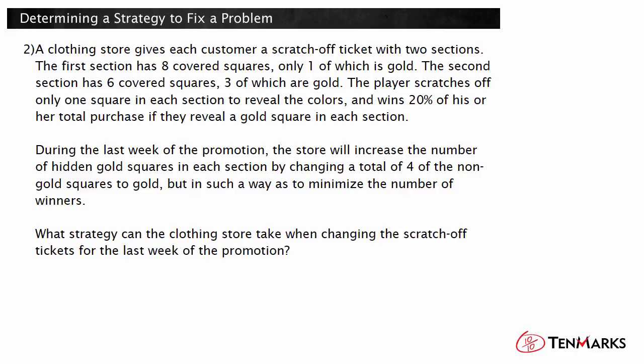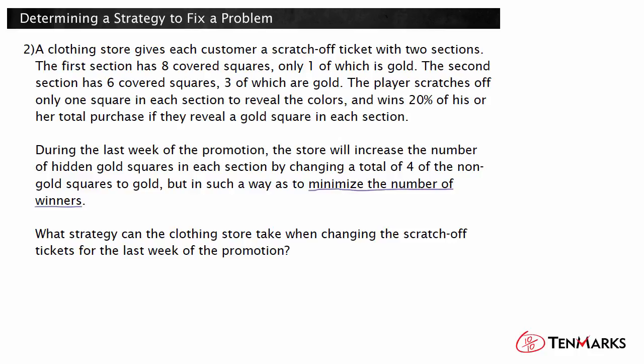The lower the probability of both rows having gold squares, the greater the advantage for the store to minimize the number of winners. To add 4 gold squares, you can add 4 to the first row and 0 to the second row, 3 to the first row and 1 to the second row, 2 to the first row and 2 to the second row, or 1 to the first row and 3 to the second row.